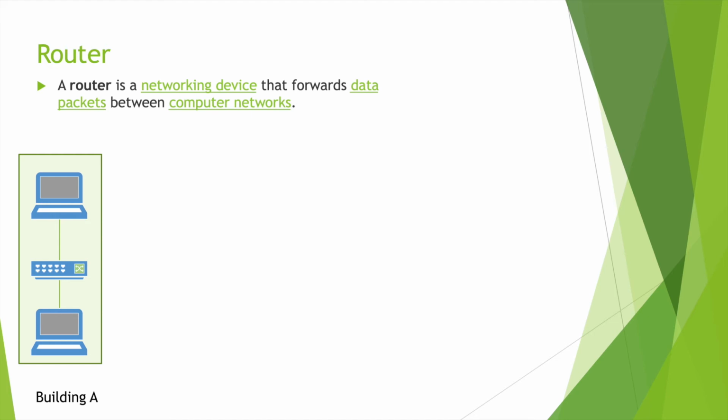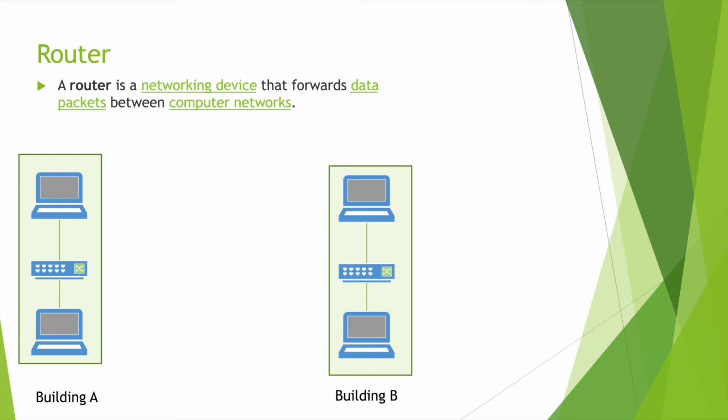But what if you have building A sitting somewhere in the US and you have to connect to another building which is somewhere in China? How exactly do you connect these 2 buildings? That's where the router comes in. Building B might be somewhere else, and to connect those two buildings or two networks, we need a router.